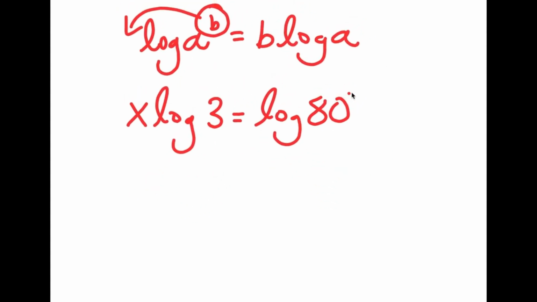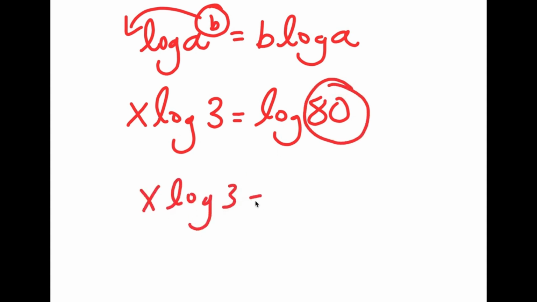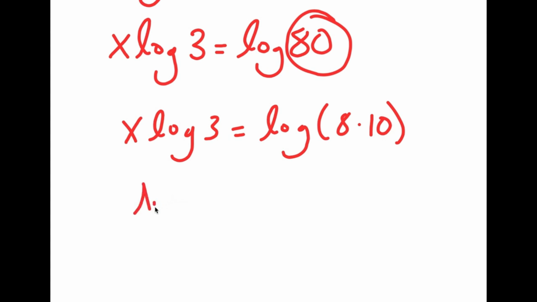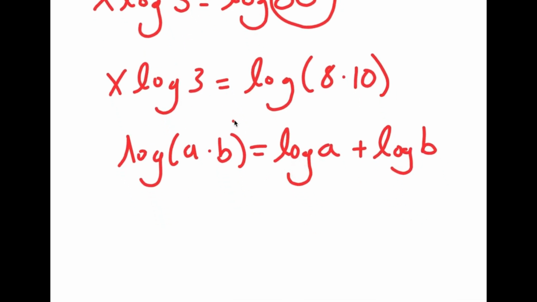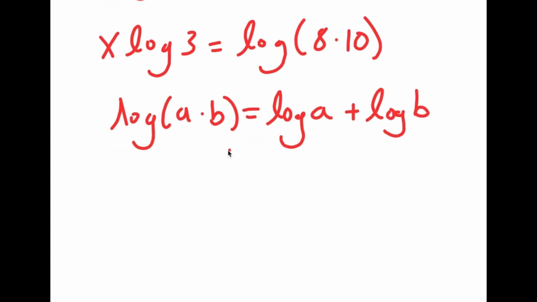Now from here, I'm going to rewrite 80 here as 8 times 10. And if I have something in the form log a times b, this is equal to log a plus log b. And this is another one of the logarithmic properties.